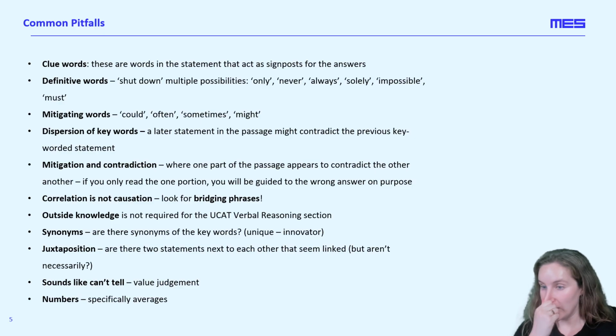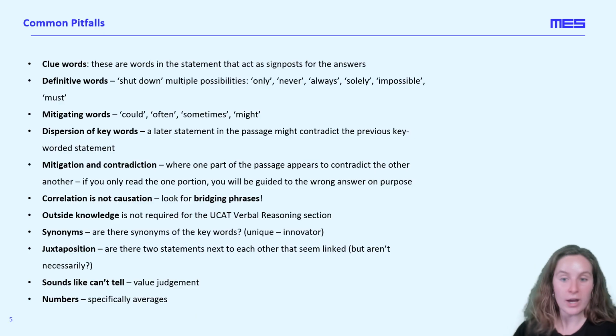That's the same case with mitigation and contradiction. So one part of the passage appears to support or guide you towards one of them, but if you've only read that portion, you may not see the fact that you're being guided towards the wrong answer on purpose, because later in the passage it flips it around. For example, one of those bridging words like however or alternatively.